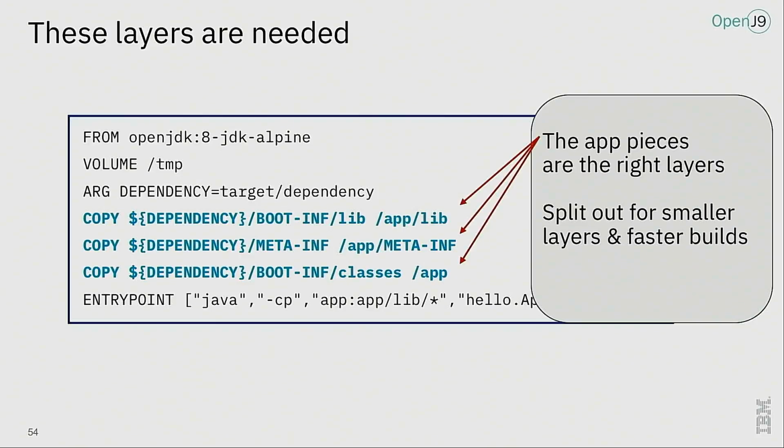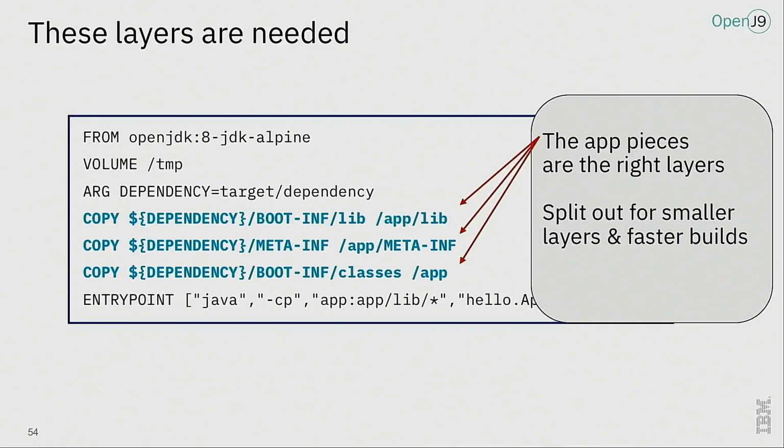Spring Pet Clinic is like 30 megs. Okay, that's not that bad. But in the real world, you might have a 100 meg, 200 meg jar file. That starts to get pretty hefty. And if you're having to regenerate 200 megs every time you change one line of code, that's kind of dumb.